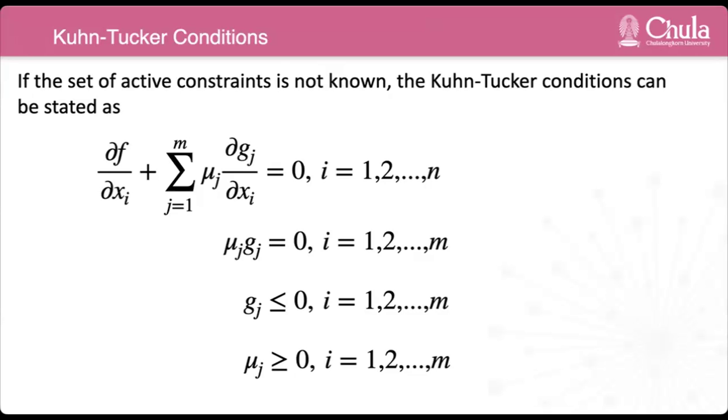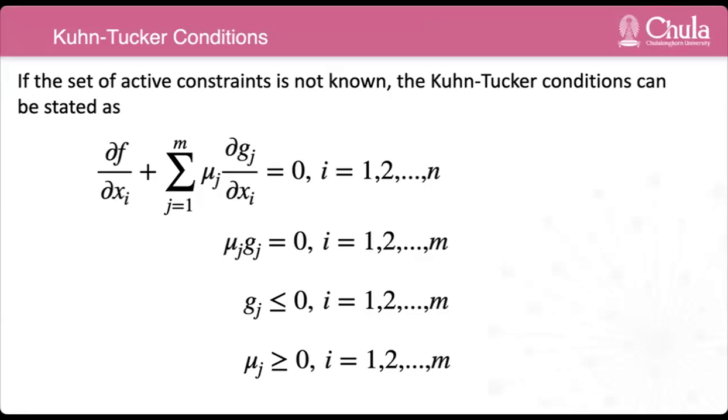And what happens if g is 0? g is 0, that means the inequality constraint is active, right? So we don't care about mu because g is active, forcing that constraint to be an equality constraint. Okay?